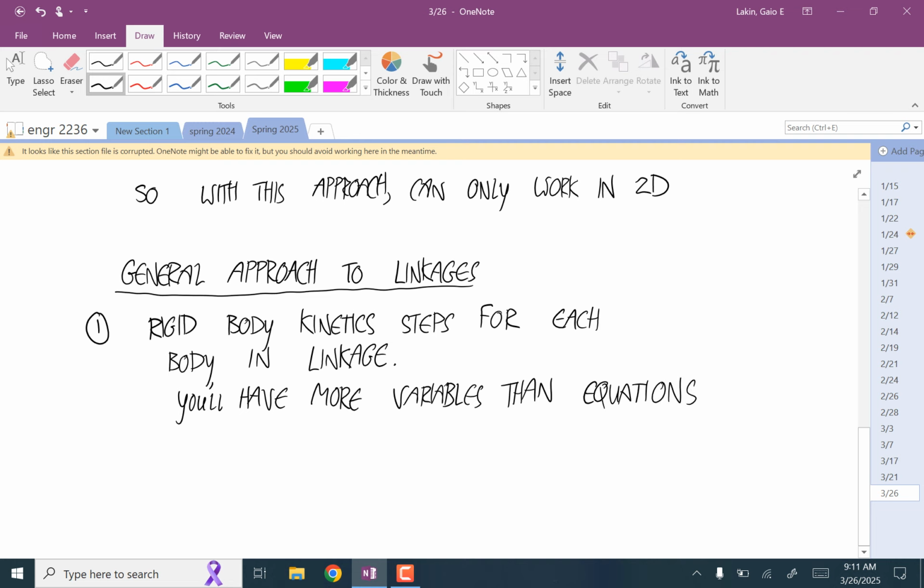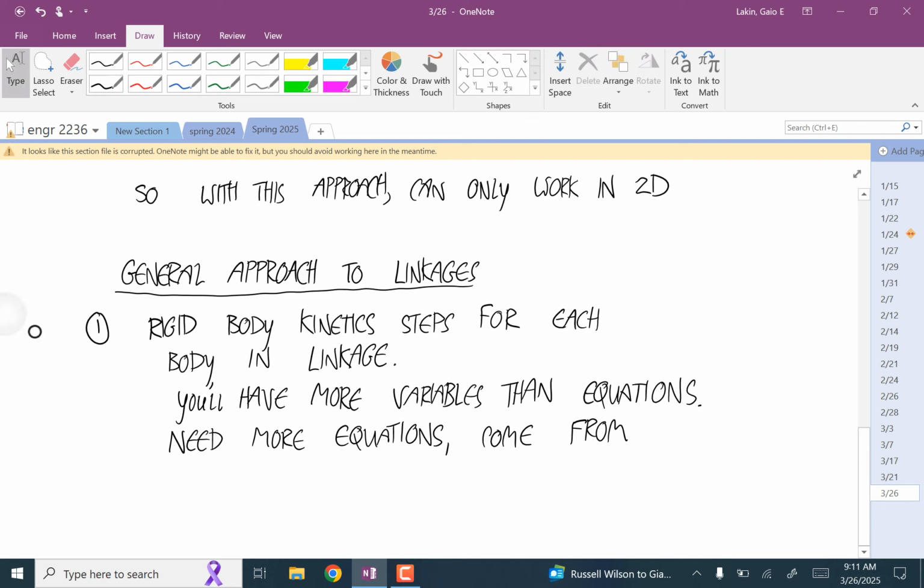Which means you need more equations without introducing more variables. So we'll need more equations. And these are going to come from constraint equations.